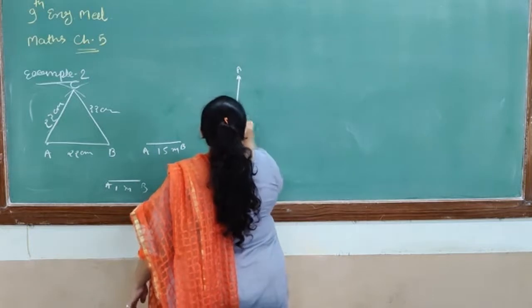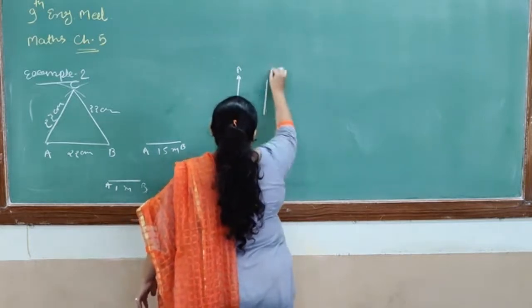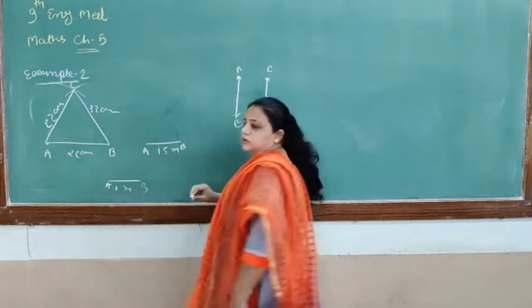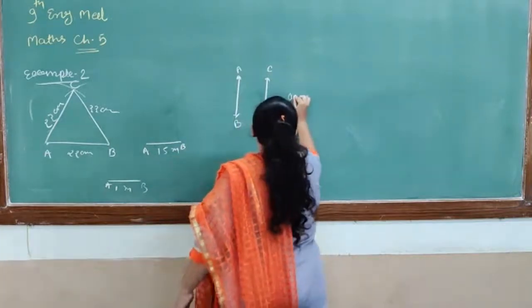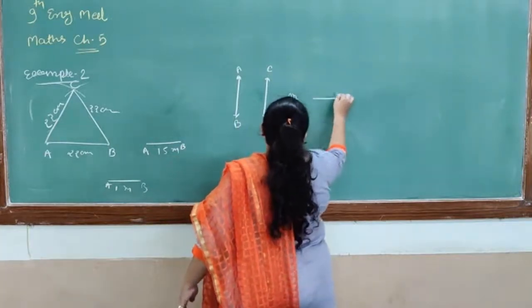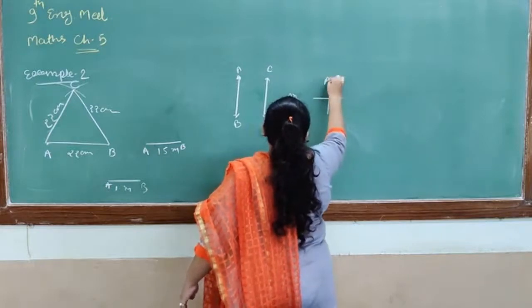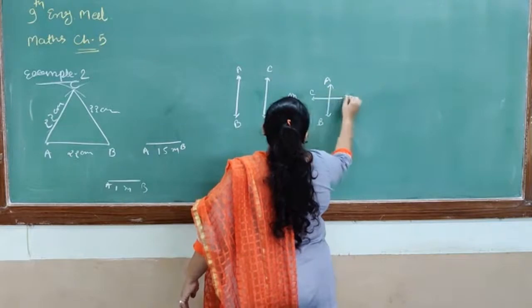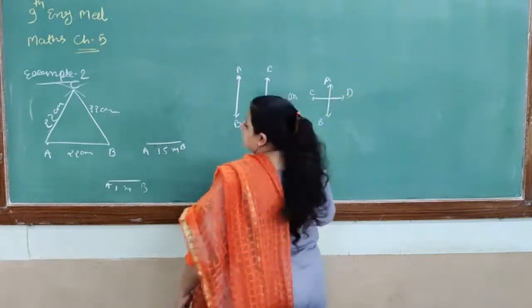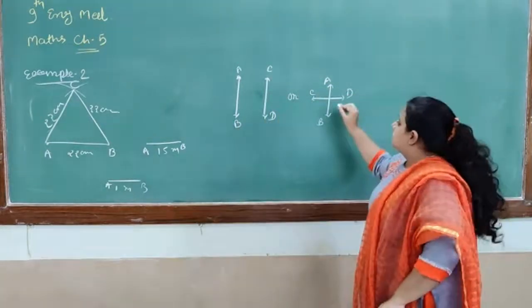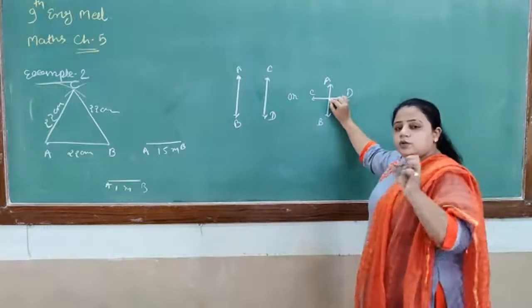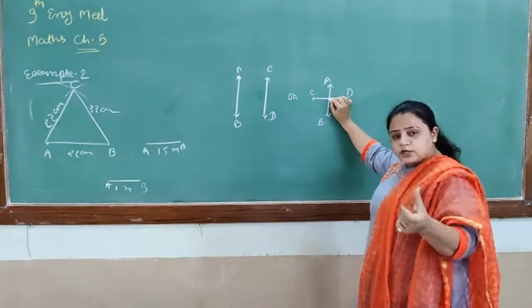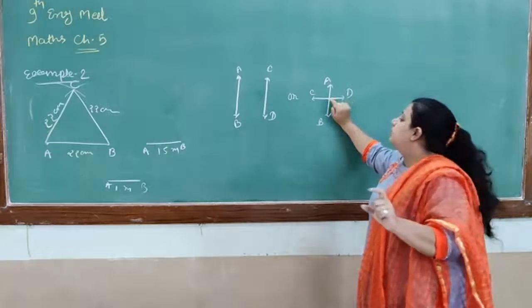Now two lines, if they intersect, have only one possibility.